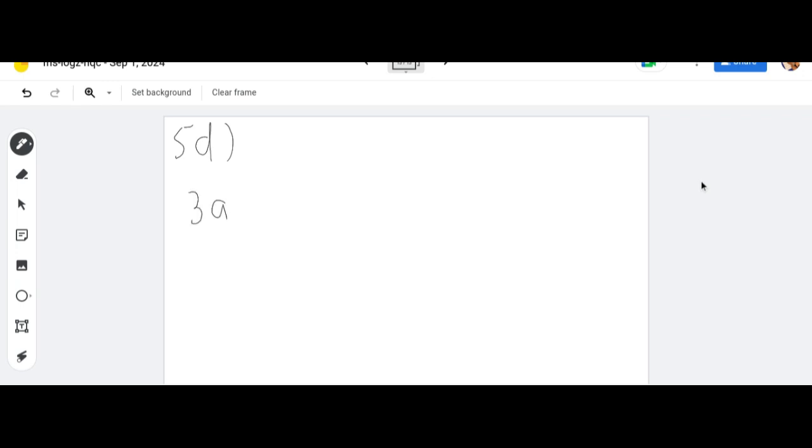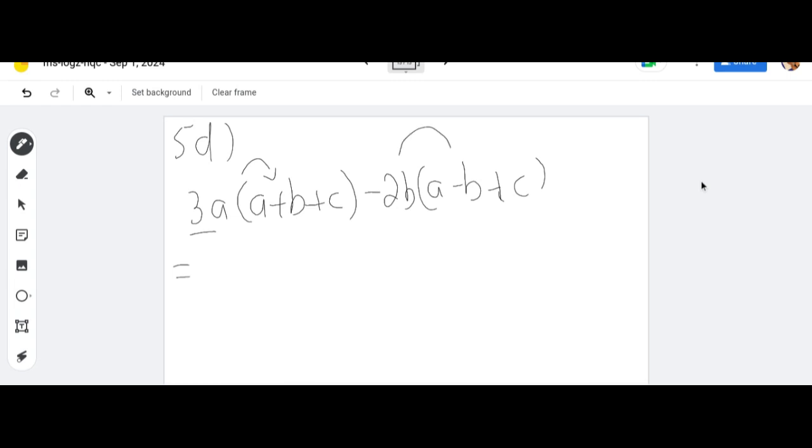3a plus b plus c minus 2b into a minus b plus c. This is the first term, isn't it? Yes. I have to solve this expression. I will multiply 3a inside this and minus 2b inside this.